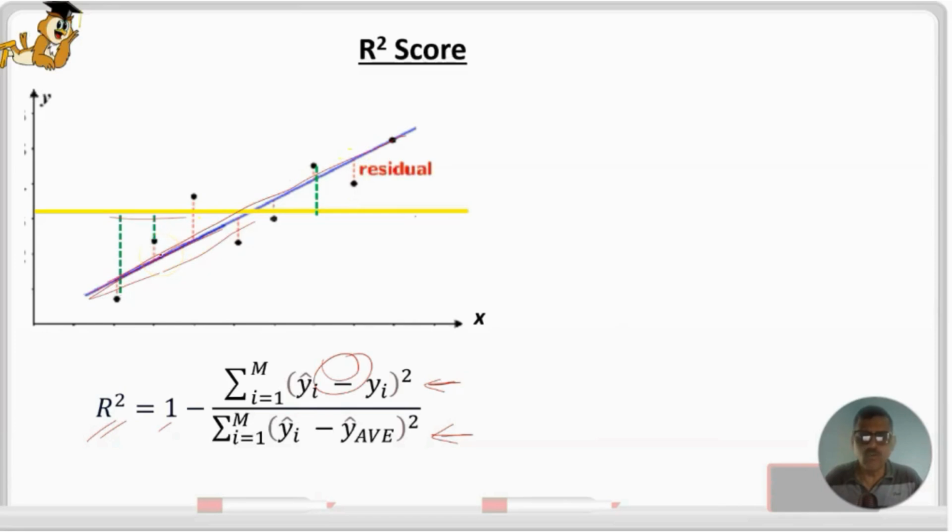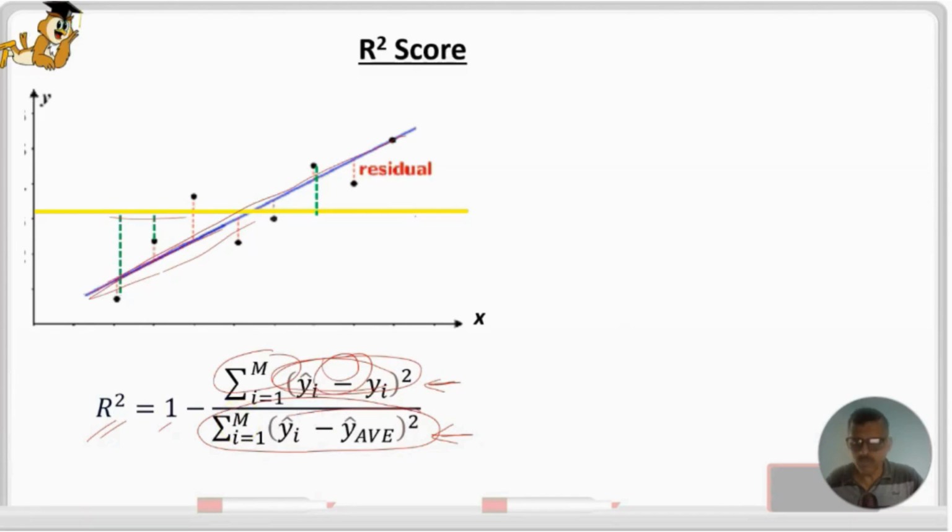But overall, when you sum over all m training points, you would imagine that your linear regression line did a better job than your average line. In other words, these errors summed up over all the training points would result in a quantity which is smaller than the quantity in the denominator.